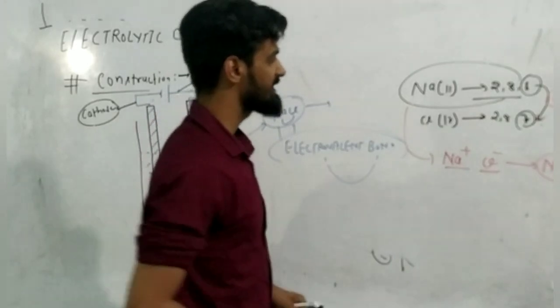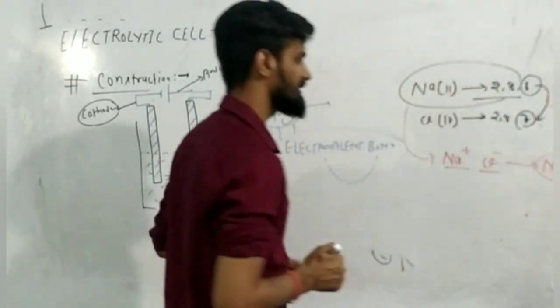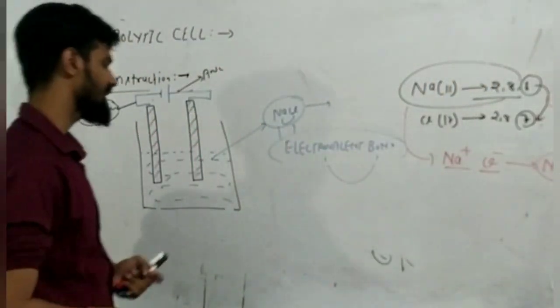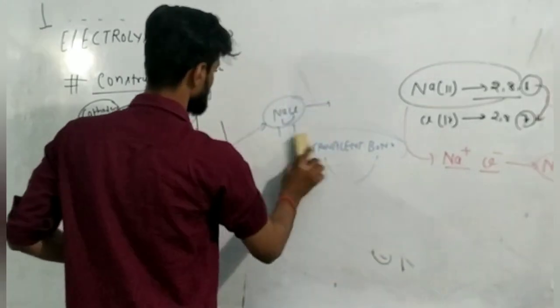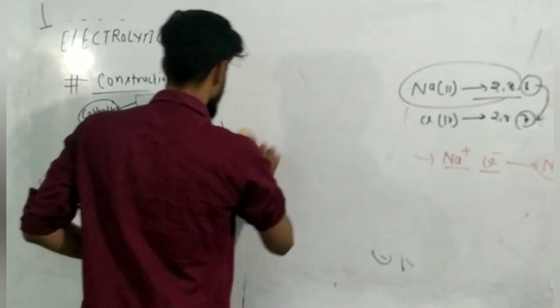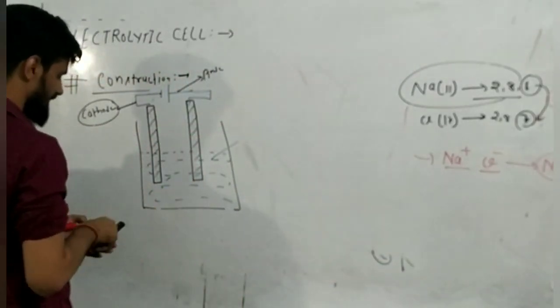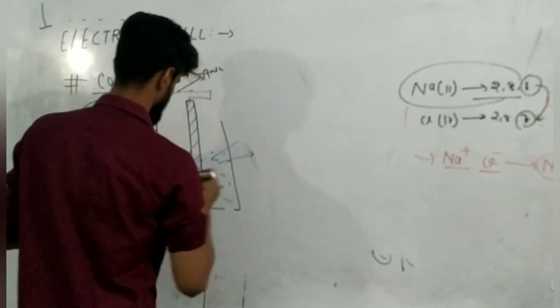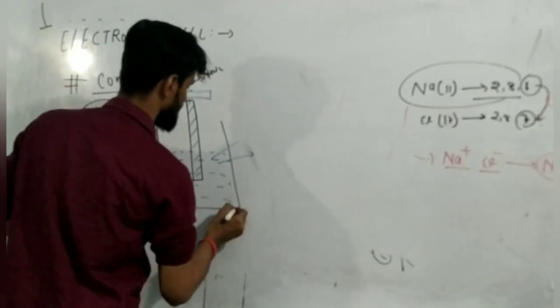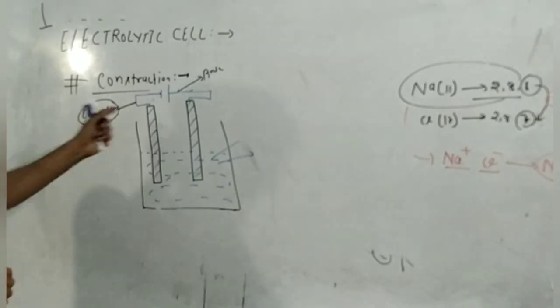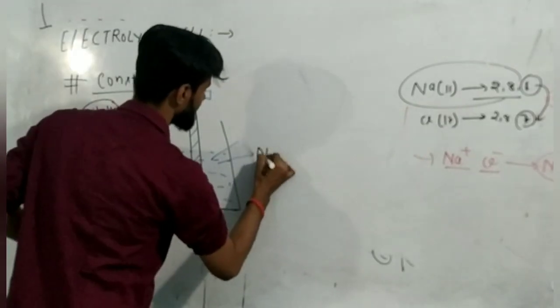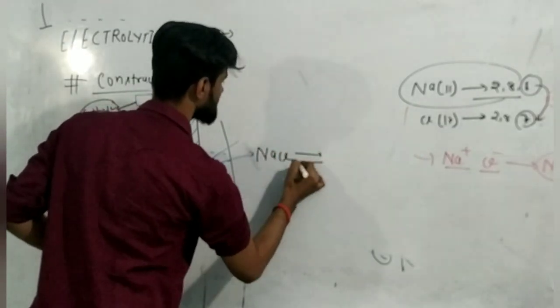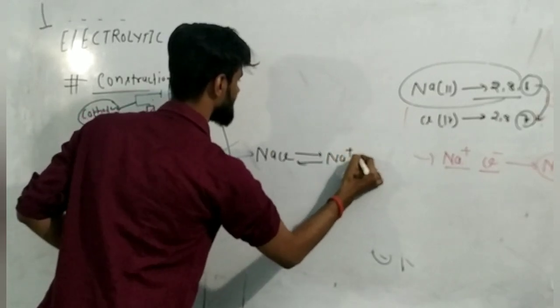That's why the bond in sodium chloride is called an electrovalent bond. I think up to this point you are all clear. Now understand one thing: if this NaCl solution is placed in this container, and electricity is passed through it, then the NaCl solution will get dissociated into Na plus and Cl minus.